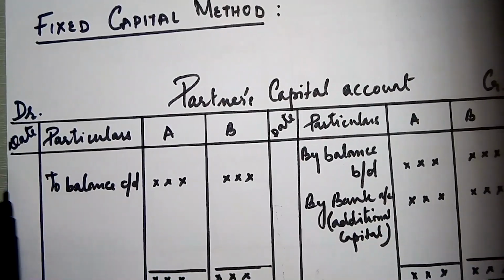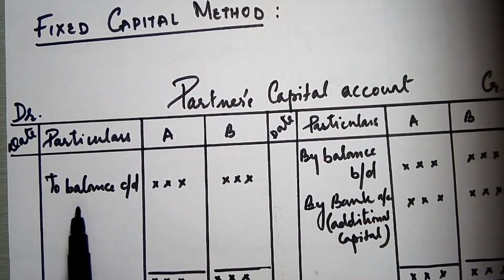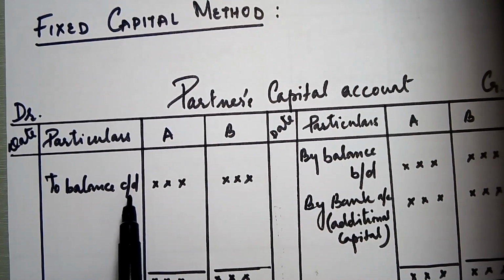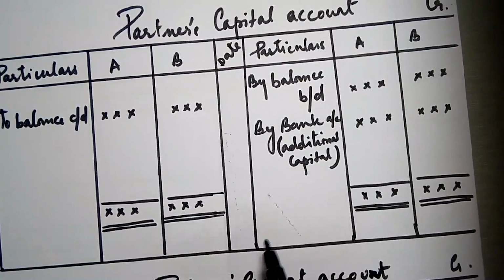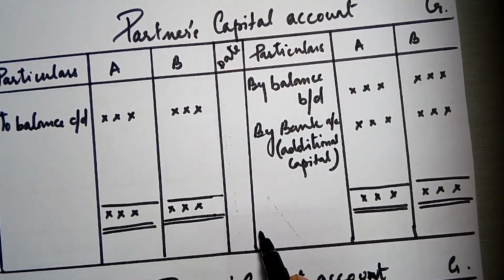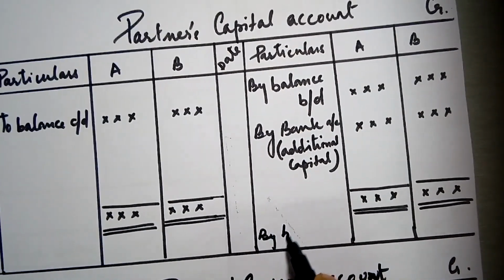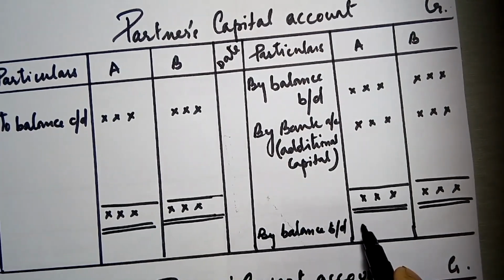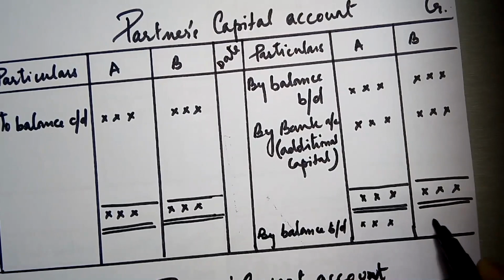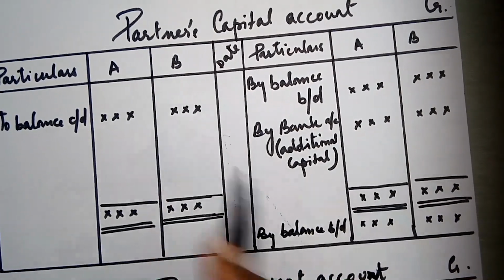This you bring it to the debit side as to balance CD, the closing balance. You write over here and then here you have to bring it back down once again by balance BD. And you have to put the amount here. So this is partners capital account.